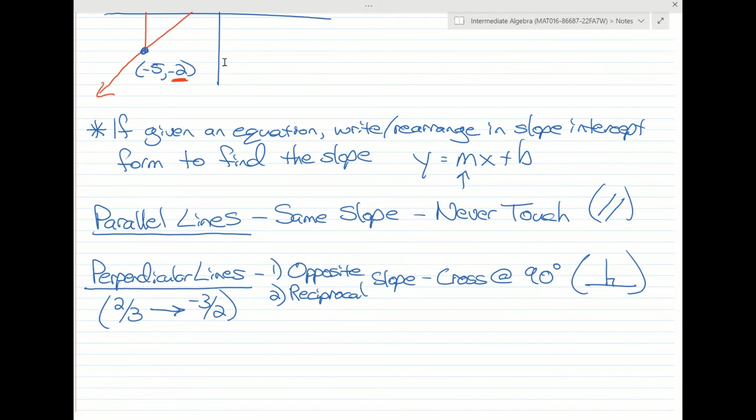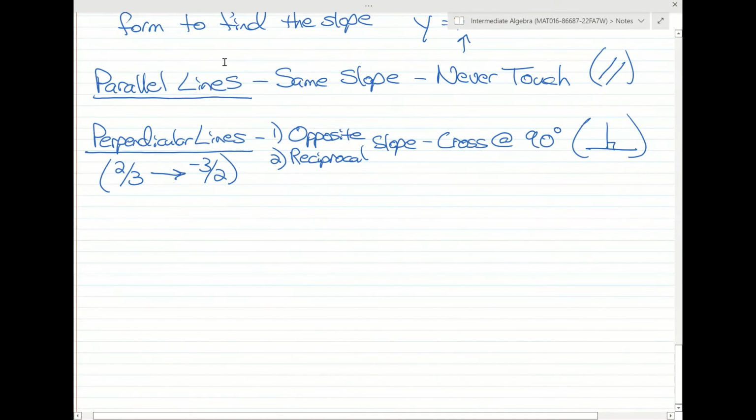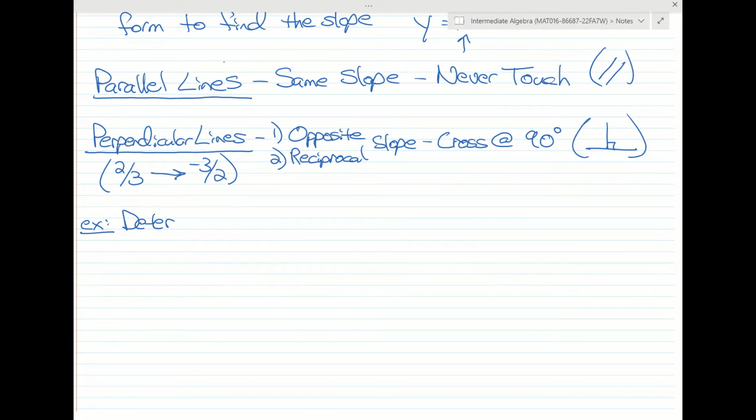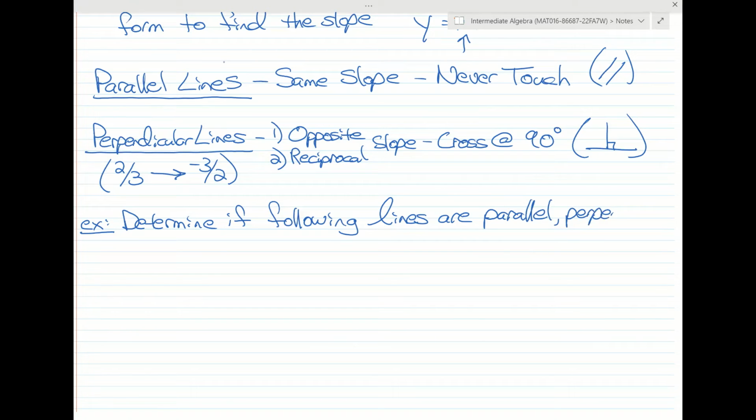So what I'm going to do is ask you to determine if the following lines are parallel, perpendicular, or neither.